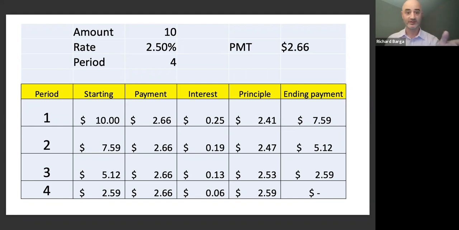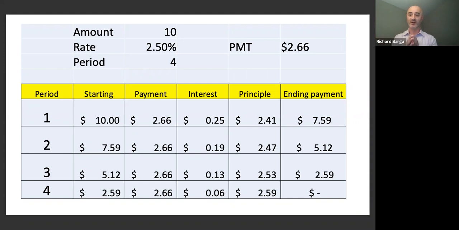Then you subtract the principal from the starting balance and you get the ending balance. Done 4 different times, because there are 4 periods, that gets you down to 0. This is the same type of calculation someone would make for a 30-year mortgage. You would just have many more rows.